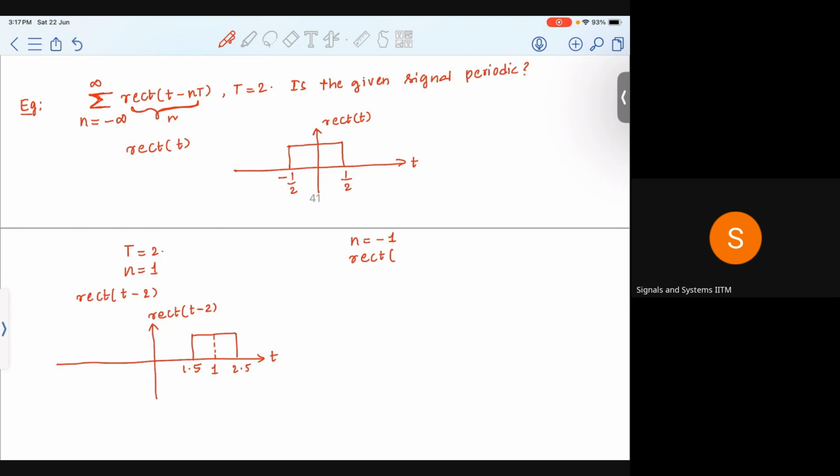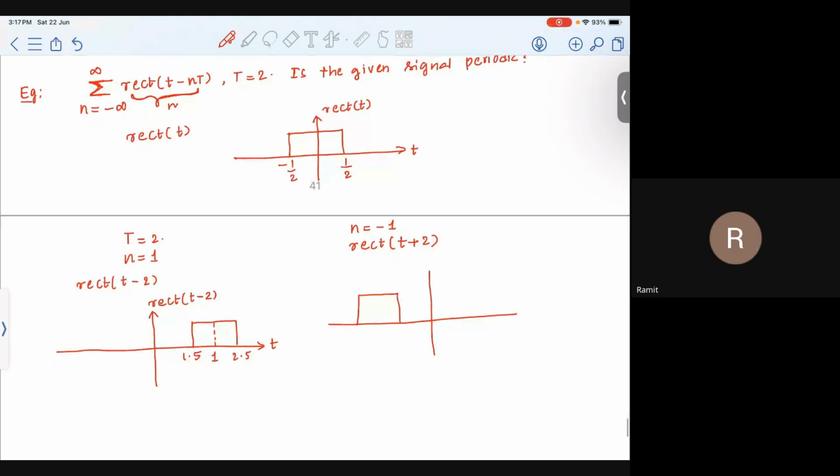So my individual rectangular functions look something like this. For n equal to minus 1, this is rect of t plus 2, right? And how does that look? Shifting left by 2. Is this correct? Yes, ma'am, this is the rectangular function of t plus 2.